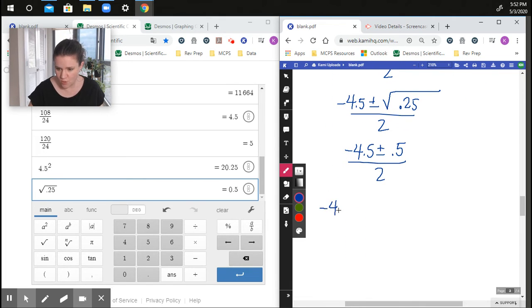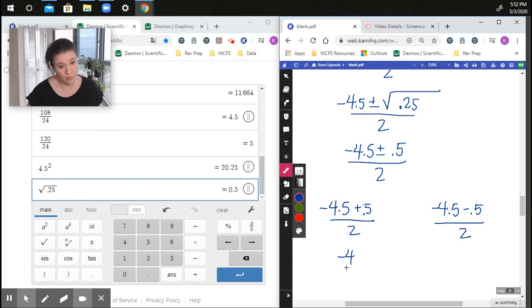We have negative 4.5 plus 0.5 divided by 2, and negative 4.5 minus 0.5 divided by 2. Negative 4.5 plus 0.5 is negative 4.0. Divided by 2 is negative 2. And this one is negative 4.5 minus 0.5 is negative 5.